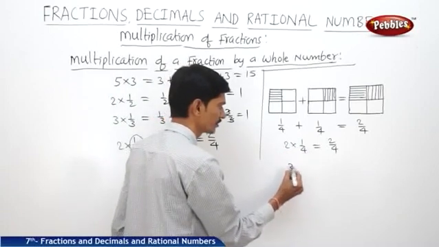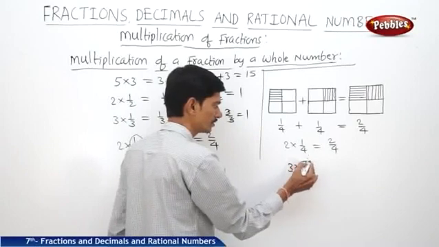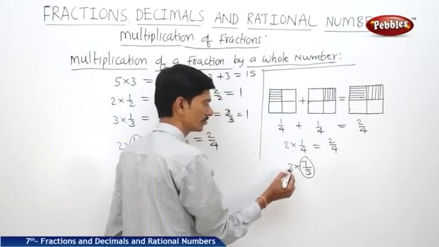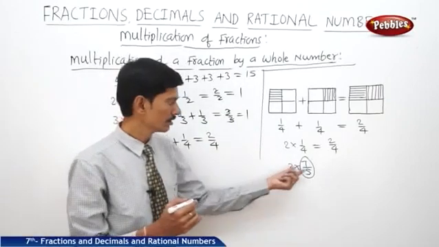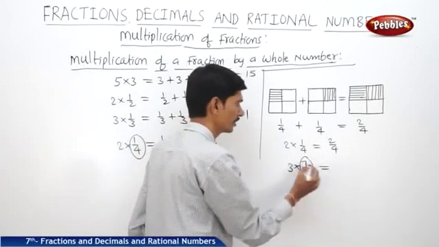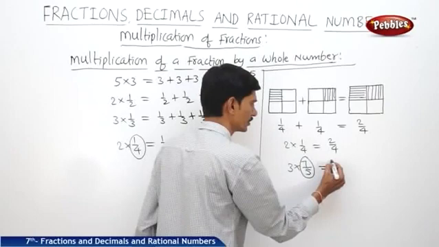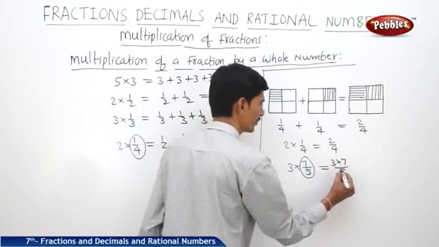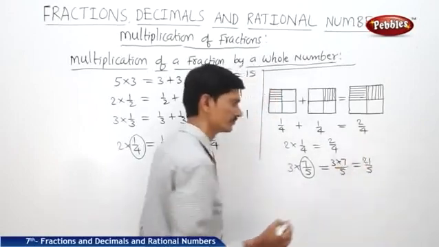For example, 3 into 7 by 5. Here 7 by 5 is an improper fraction and 3 is a whole number. So when we multiply an improper fraction with the whole number, here also we multiply the numerator with the whole number keeping the denominator same. So then 3 into 7 by 5 equals 3 sevens are 21 by 5.